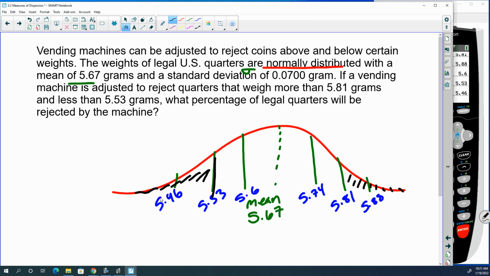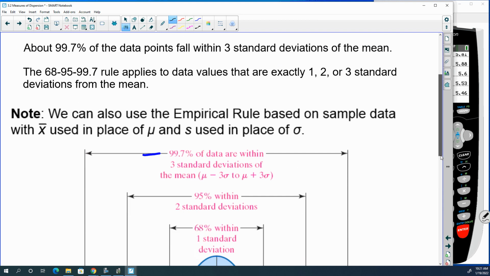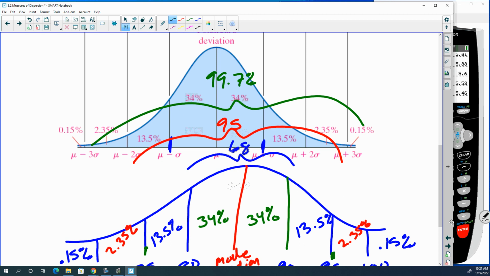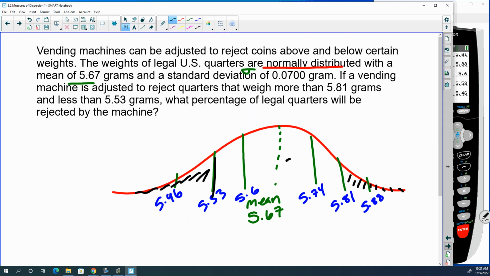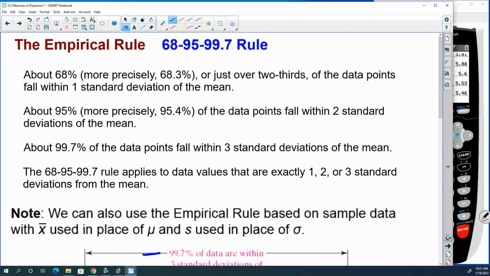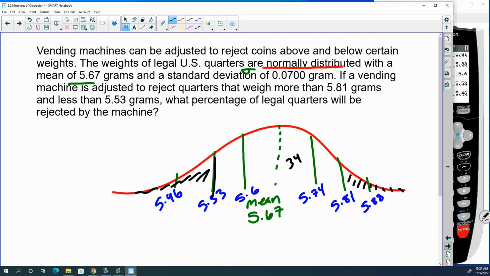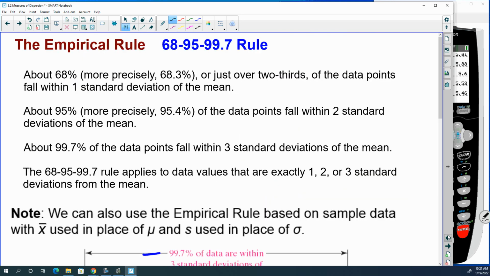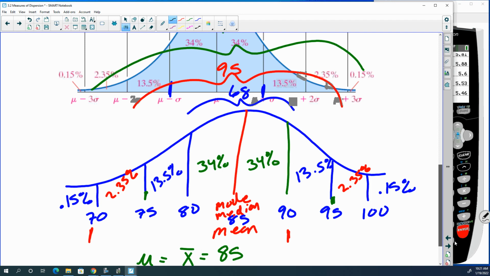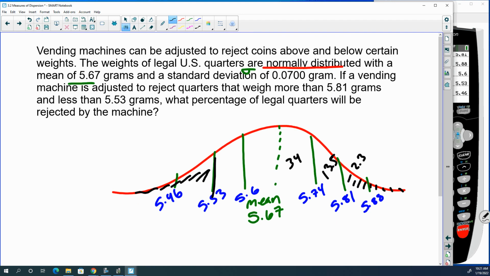So using this chart that I drew over here, I know that it goes 34, 13.5, 2.35, and 0.15. So I'll go ahead and write that in. So this was 34. The next one was 13.5. And then we have 2.35. And then we have 0.15. So this one right here would be the 2.35. This one would be the 0.15.